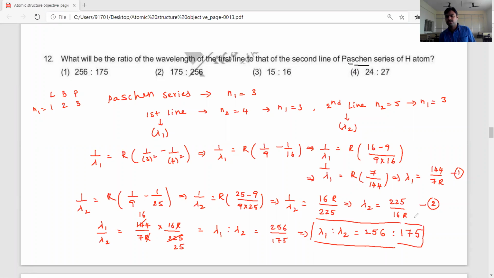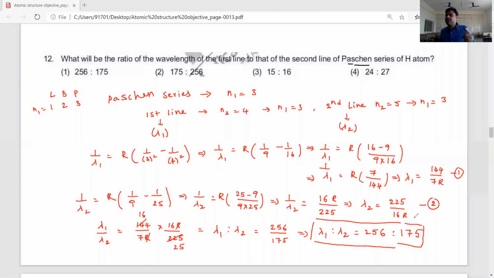So here the main important formula is 1 by lambda is equal to R_H or R into 1 by n1 square minus 1 by n2 square for the hydrogen atom. The main important thing is Paschen series: n1, the lower energy level, is 3, and higher energy levels are 4, 5, 6, 7 like that. First line means the transition between 4 to 3, second line means the transition between 5 to 3.